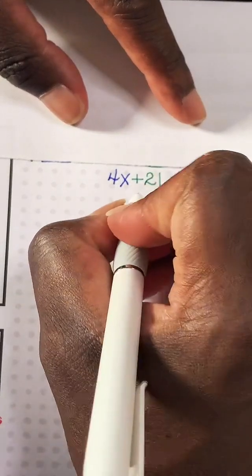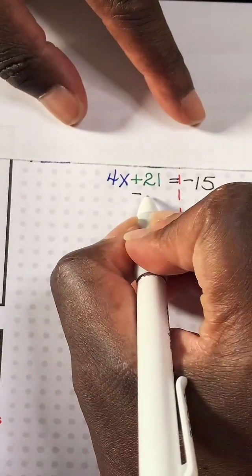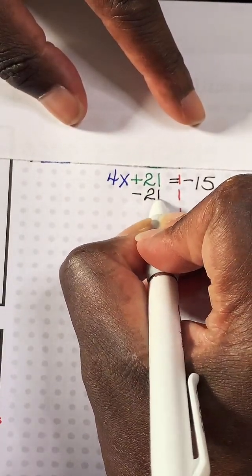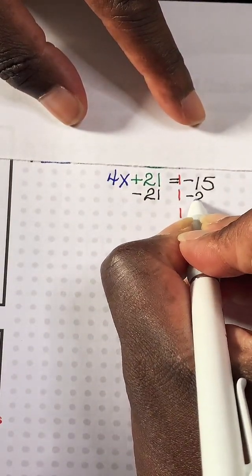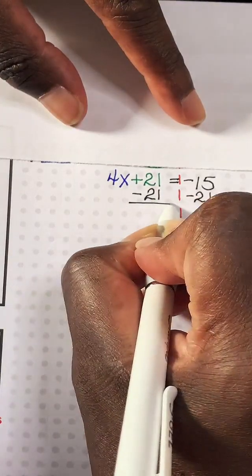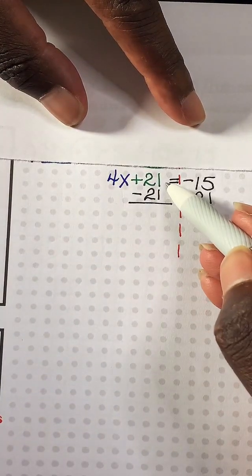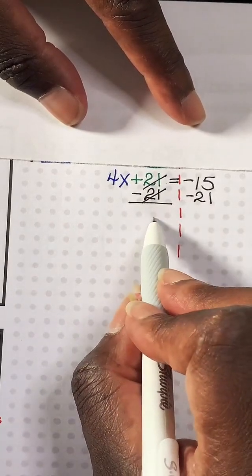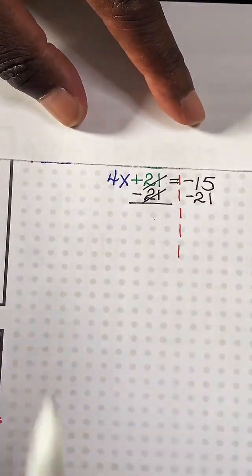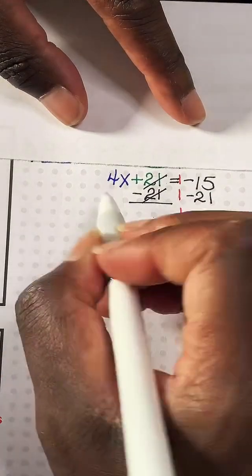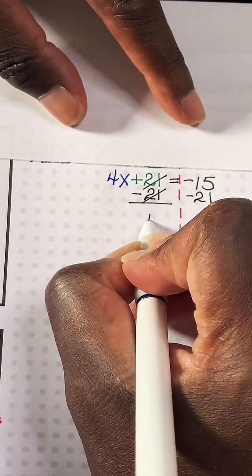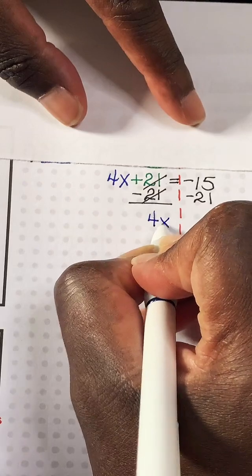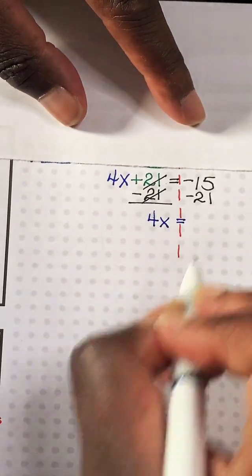Opposite of addition is subtraction. So I'm going to subtract 21 on both sides. So positive 21 minus 21, that gives me 0. But I don't need to write down the 0 because we already have something on this left-hand side that we can bring down, which is our 4x.